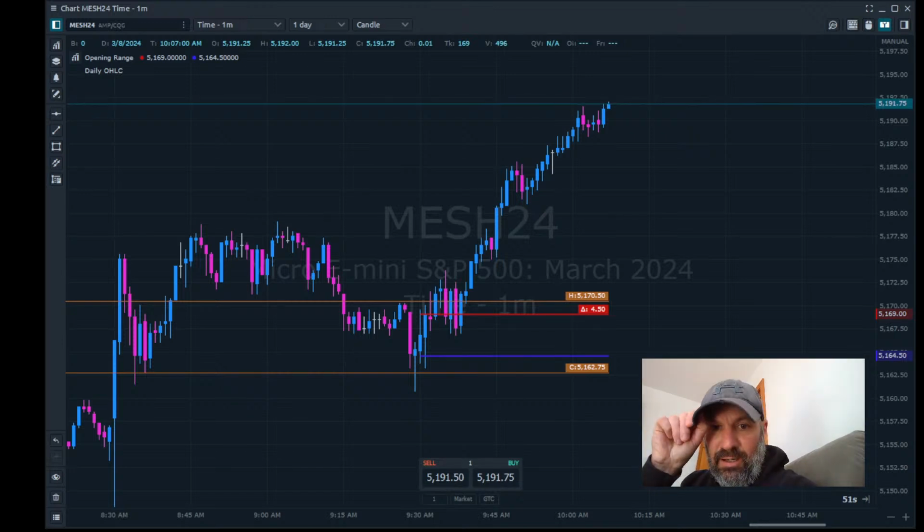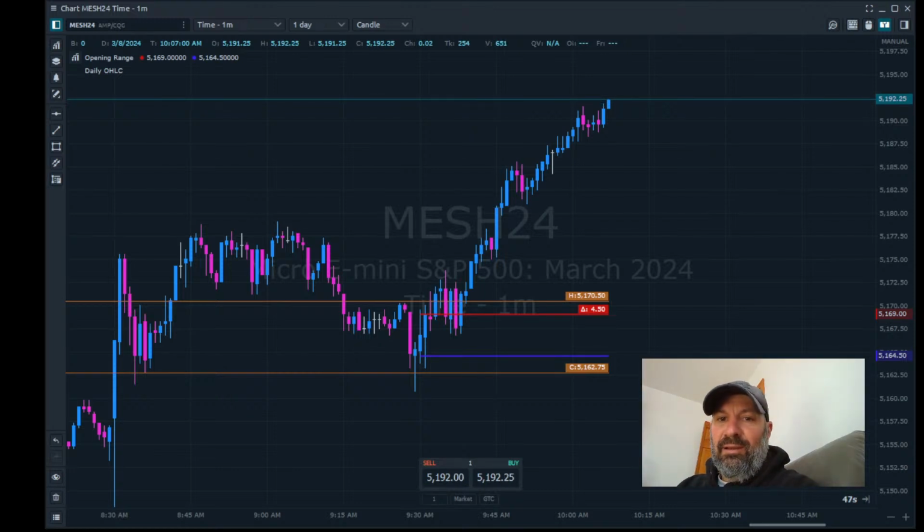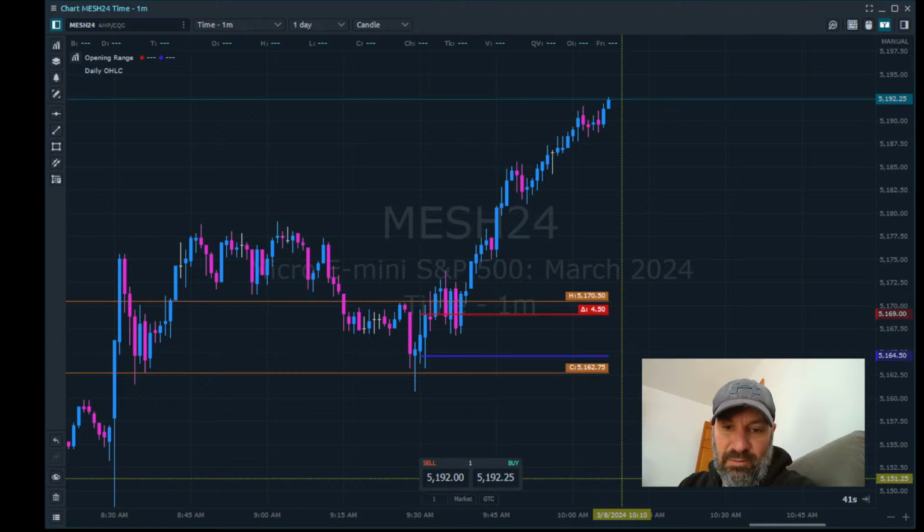So this is going to be kind of a look and see kind of thing, and I can kind of go from there and decide what I want to do. But right now I'm just going to kind of sit tight and see what happens before I make any decisions here, because again, we've extended past kind of where I thought we were going to stop.